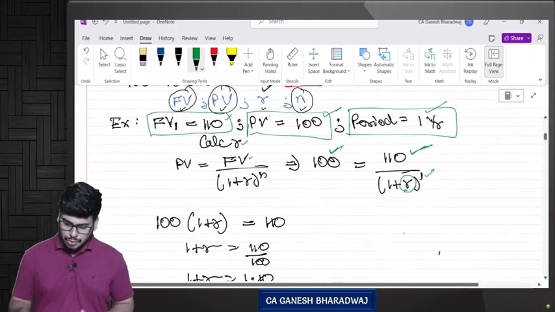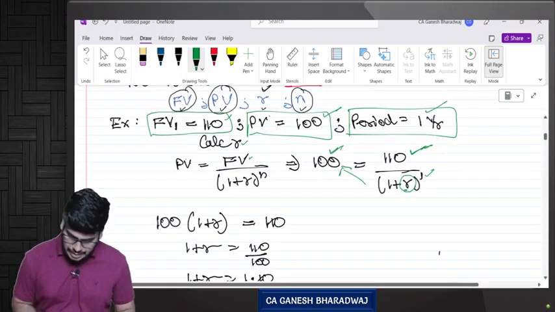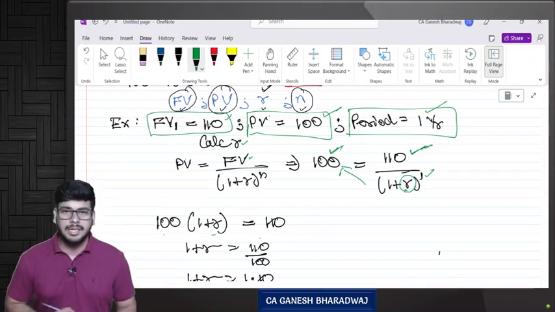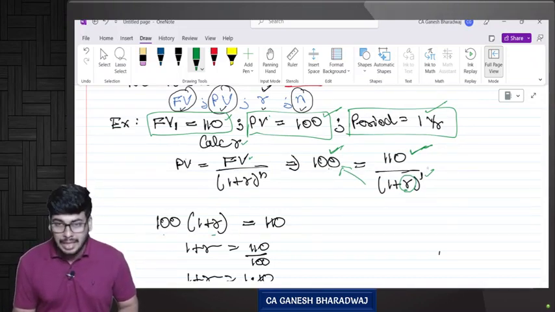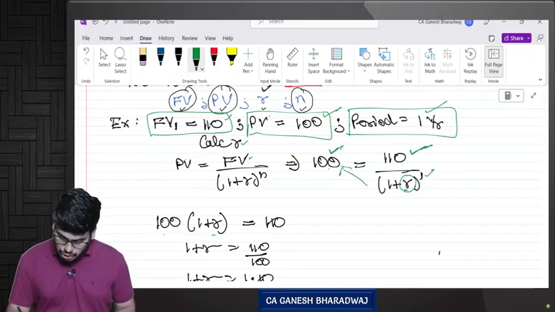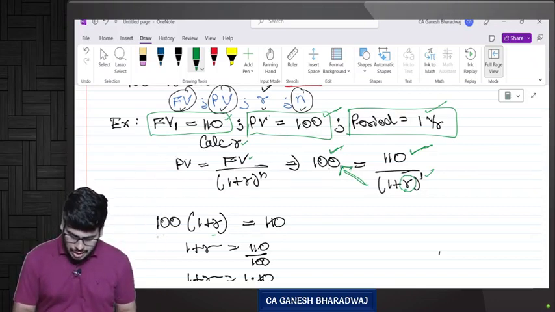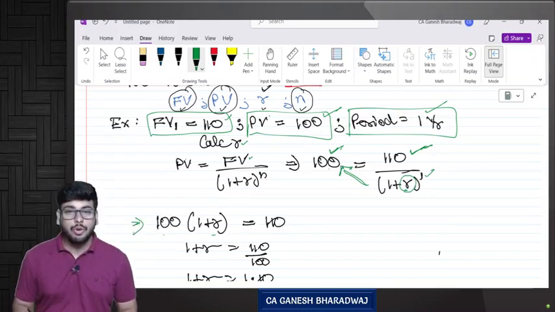So you can just cross multiply this. Can I say 100 into (1 plus R) is equal to 110? This (1 plus R) the whole power 1 is nothing but 1 plus R, so you take it from the denominator of the right hand side and push it to the left hand side, cross multiplication. So 100 into (1 plus R) is equal to 110.